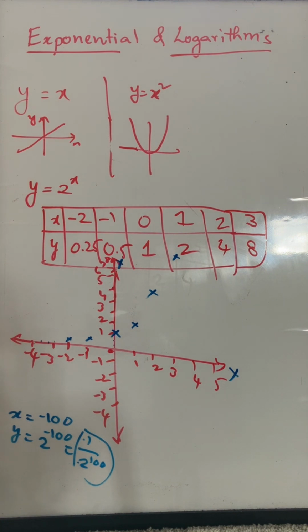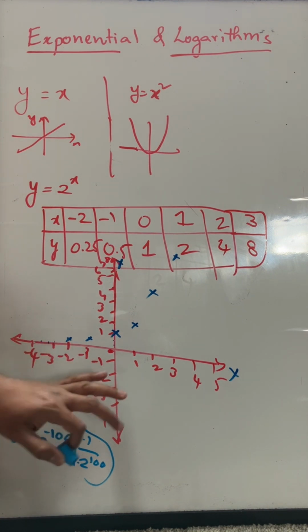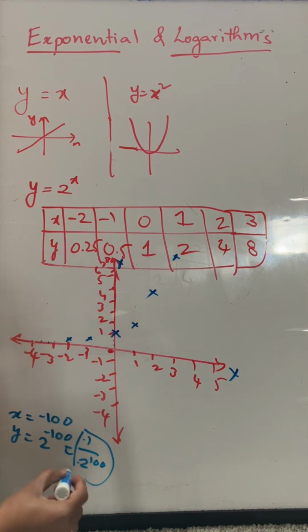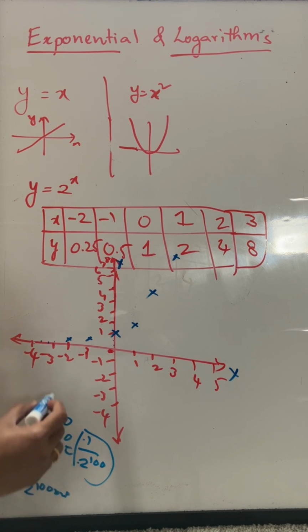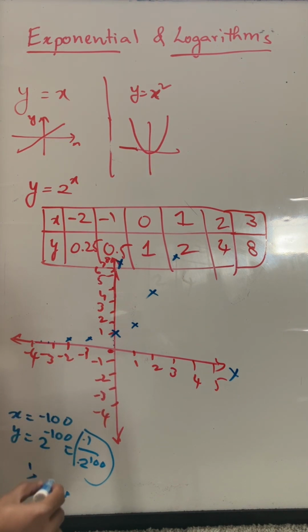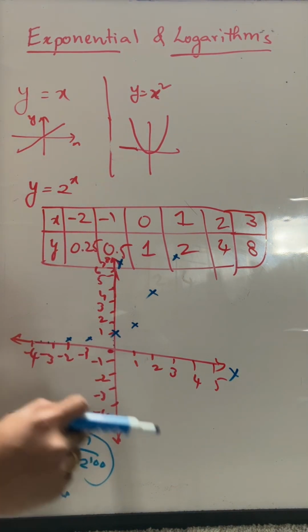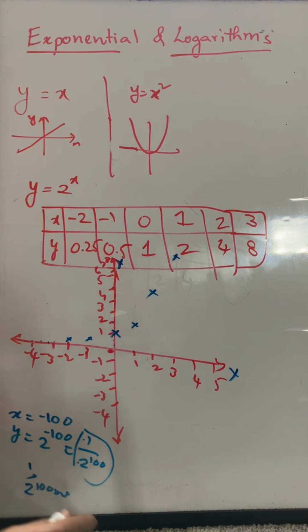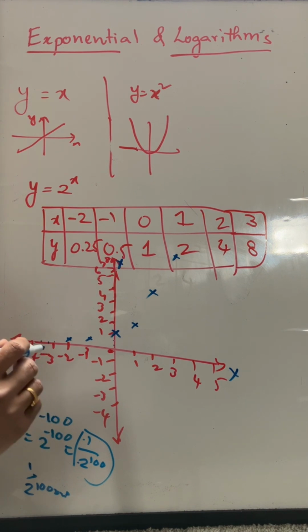It will be almost becoming 0, like 1 by 2 to the power of 1 lakh when x is negative 1 lakh. It will be very small, but it is not 0. Negligible, but still not considered as 0. So it is always like this.